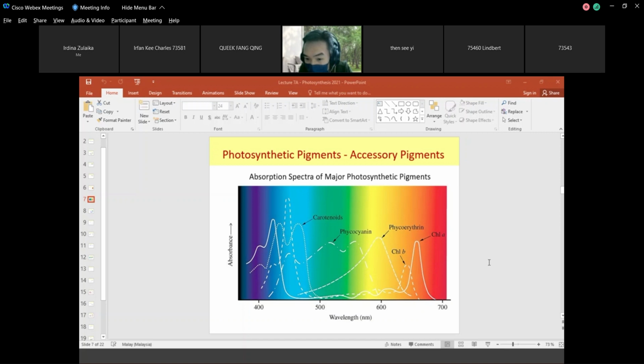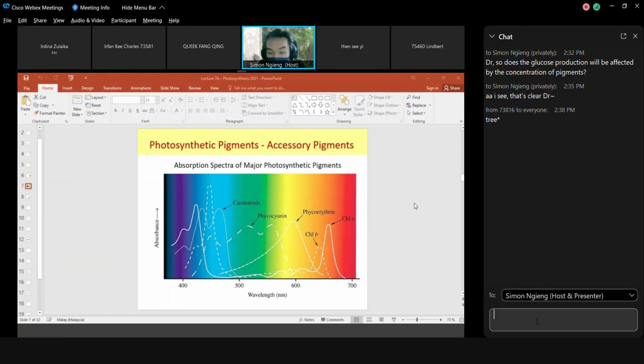Okay, I have a question here. Does this mean carotenoid increases as the tree grows? It's more not to say that it increases, because to me the percentage is almost fixed, unless I'm not mistaken.